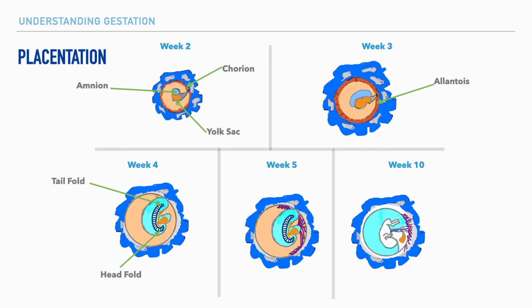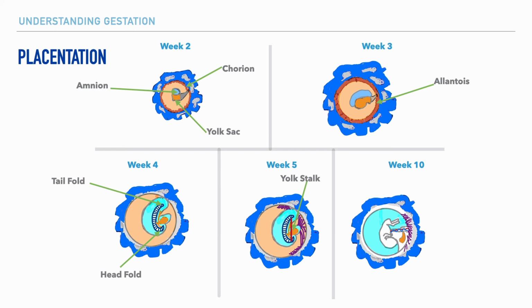Now, it's in the 5th week that we also get to see the development of what we refer to as the yolk stalk and the body stalk, and both are being pictured here in unison. Now, the yolk stalk is the connection between the embryo and the yolk sac, while the body stalk is the connection between the embryo and the chorion.